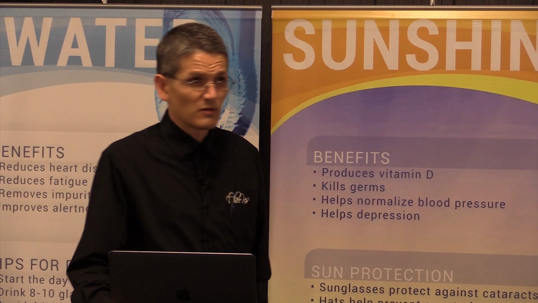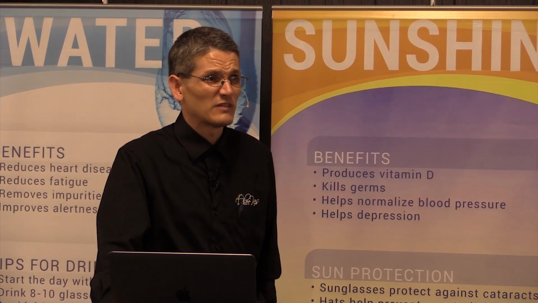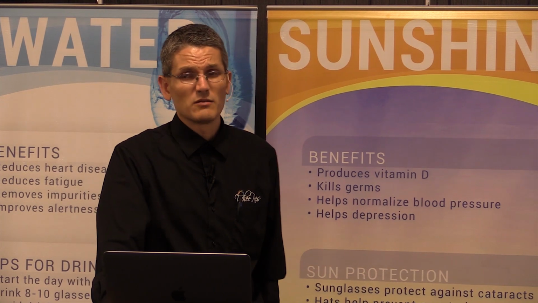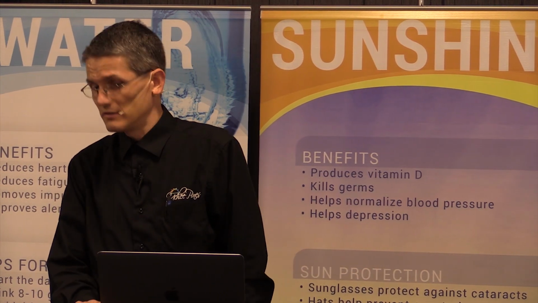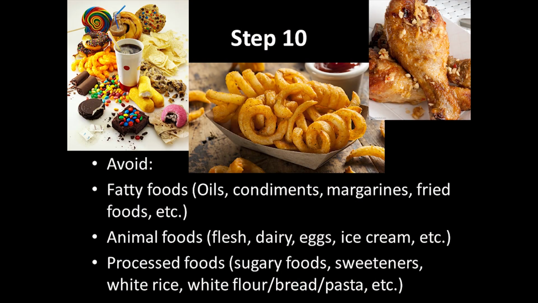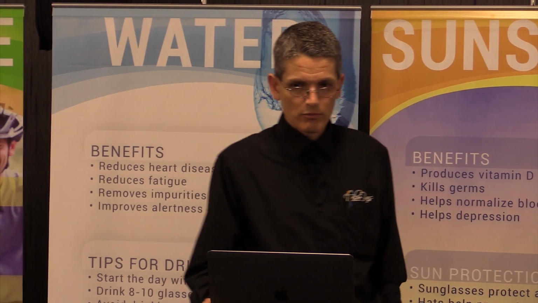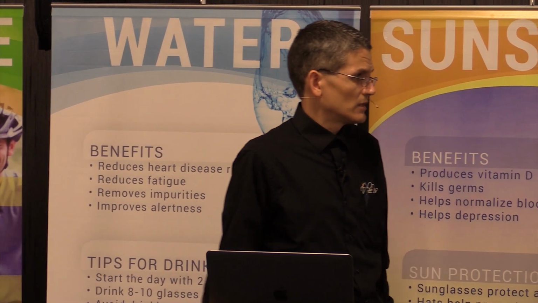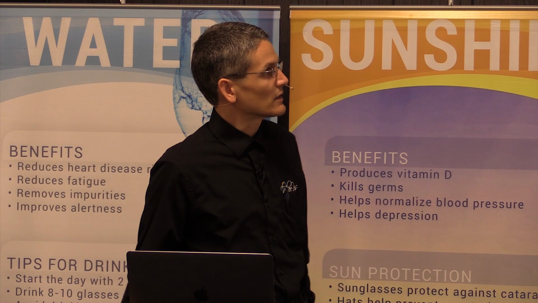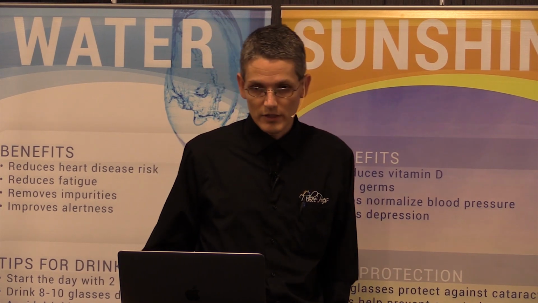Those are going to be high in fats as well, especially saturated fats, and we know that's a big cause for insulin resistance in diabetes. And you want to avoid your processed foods, your sugary foods, sweeteners, white rice, white flour, bread, pasta, and so forth. If it's broken down and it doesn't have all the stuff that it grew with, then it's probably not what you should be eating as a diabetic. Right? So all of those are things to avoid.